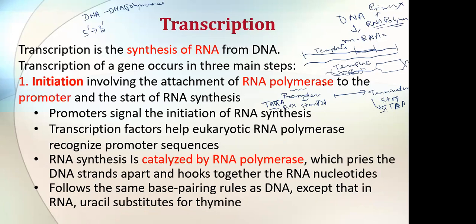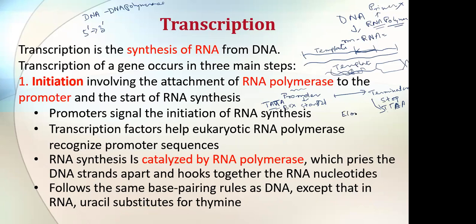So initiation is when the RNA polymerase sits on the promoter region. It sits over here at the promoter and starts reading the sequence. Then the second step is elongation.